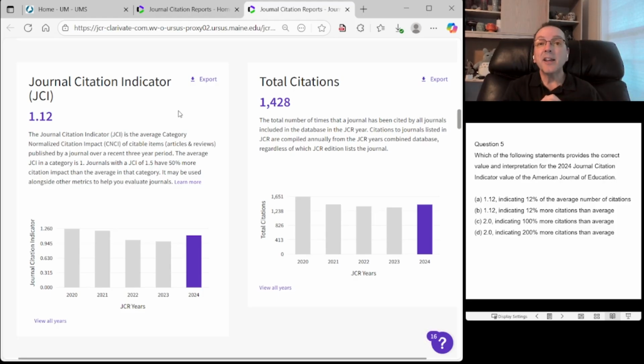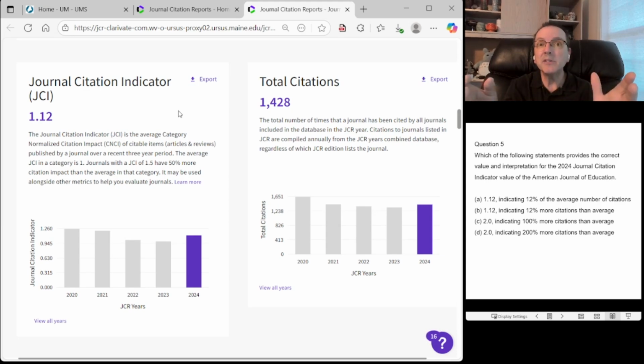A citation indicator of 1.5 means they have 50% more citations than the average journal for their discipline. A citation indicator of 2 would mean they get twice as many or 100% more citations than the average journal in their discipline.